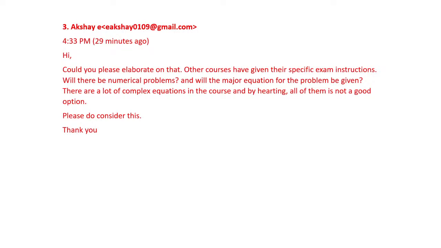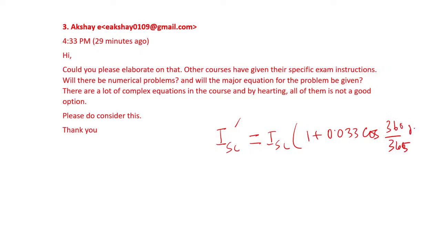For example, if we ask a problem on extraterrestrial solar flux, which represents something like I_SC,days, which is nothing but I_SC multiplied by (1 + 0.033 cos(360/365 n)), where n is the nth day of the year.